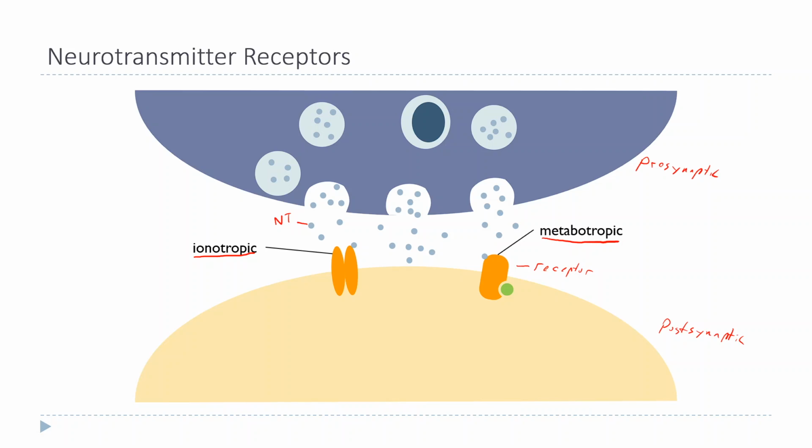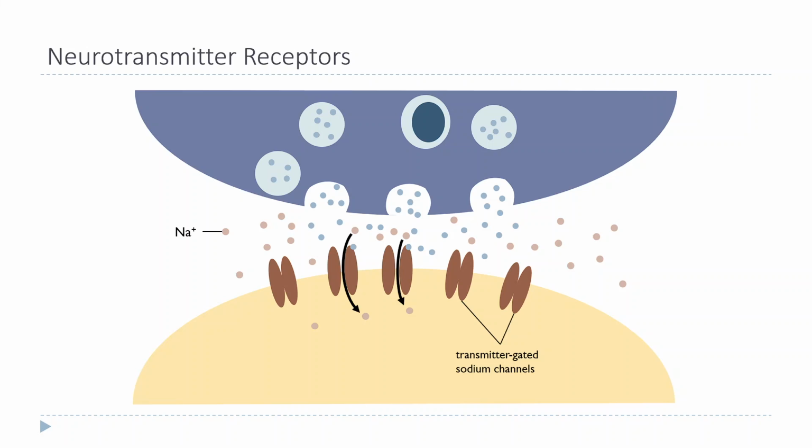Ionotropic receptors, as we're about to see, are basically neurotransmitter-gated ion channels, whereas metabotropic receptors are proteins that do not act as ion channels, but still trigger an intracellular response by activating a cascade of other enzymes and proteins. So we'll talk about the ionotropic receptors first.